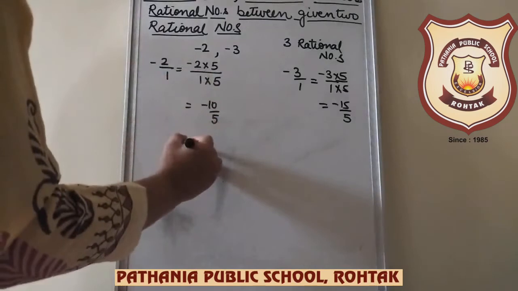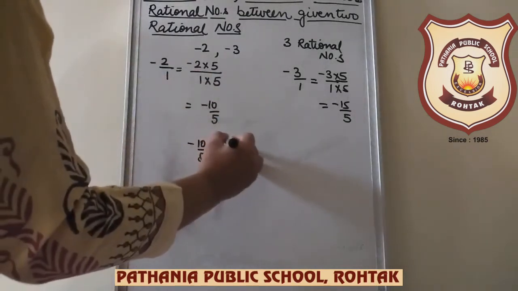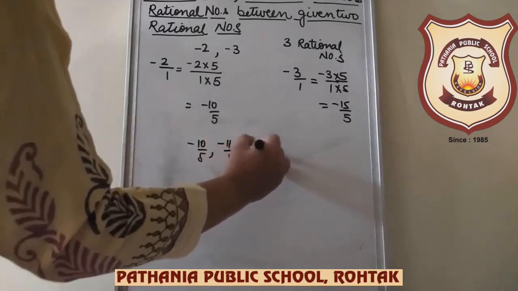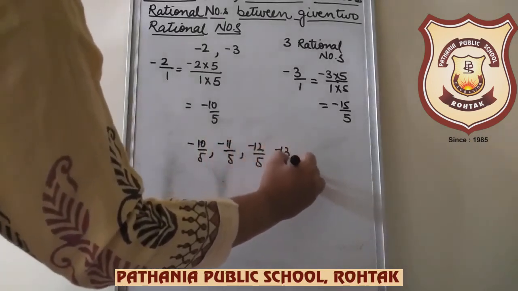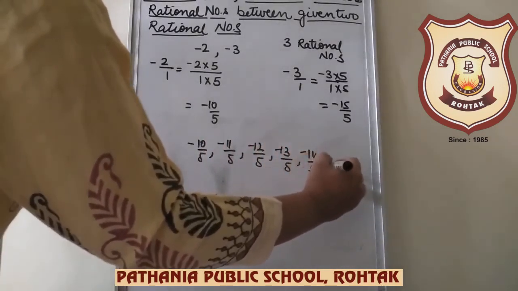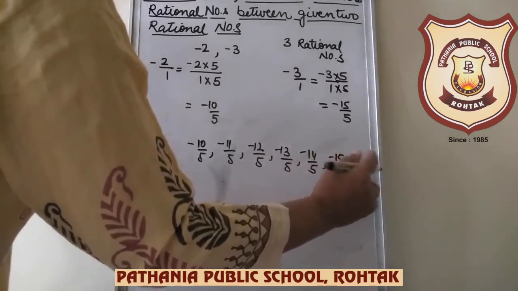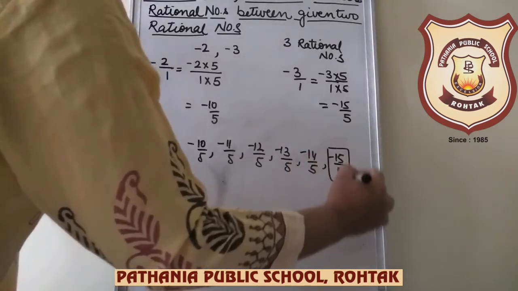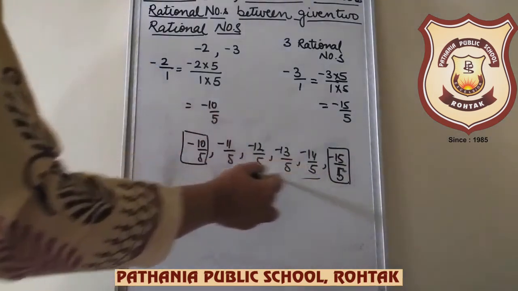So now between -10 upon 5, it is -11 upon 5, -12 upon 5, -13 upon 5, -14 upon 5, and here you have -15 upon 5, which is your given rational numbers. So these will not be counted.